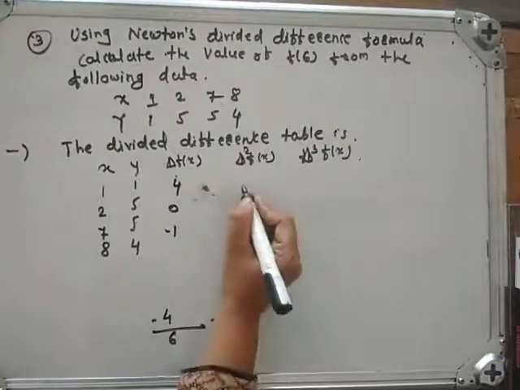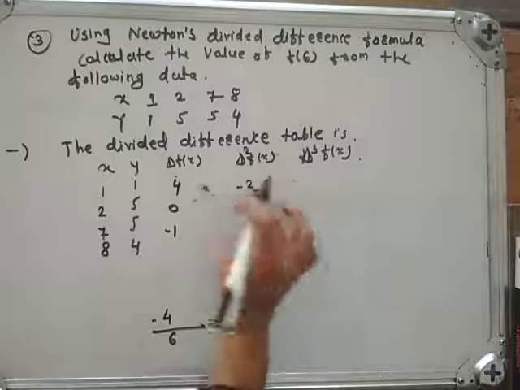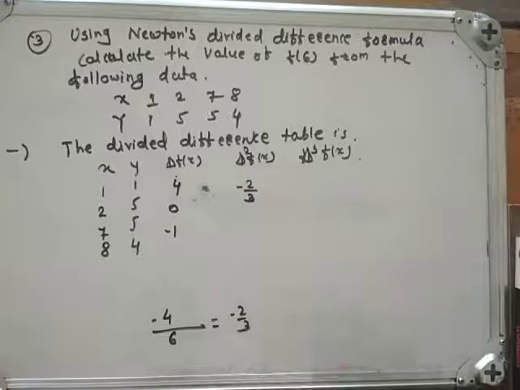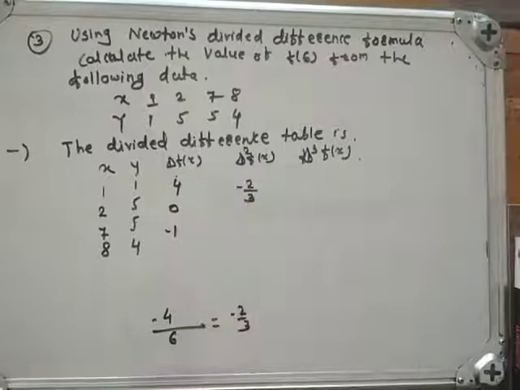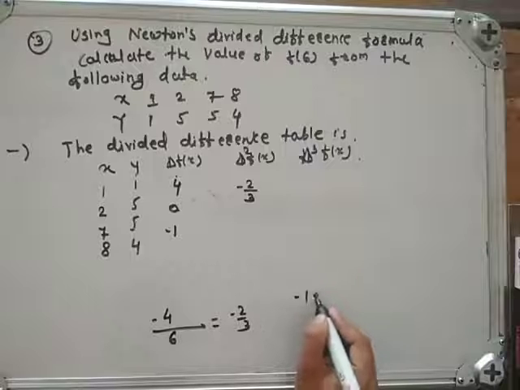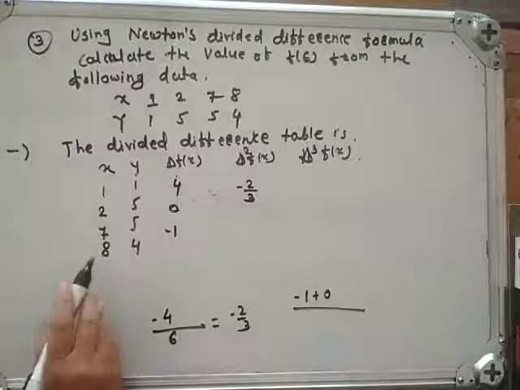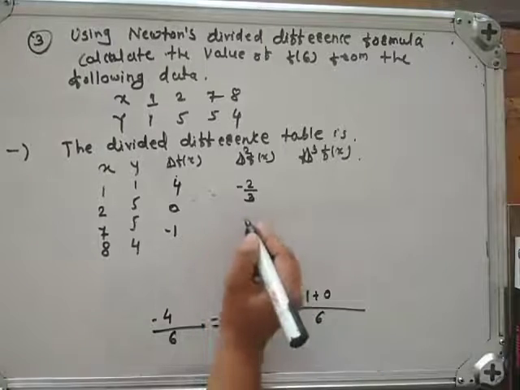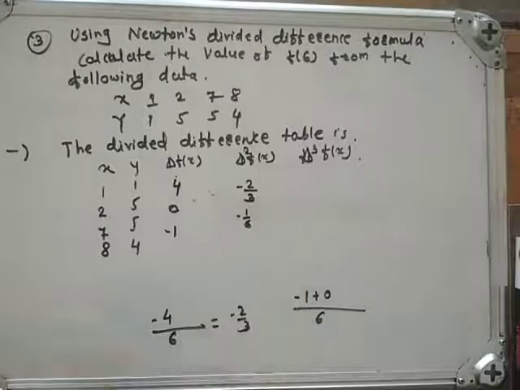Okay, this is minus 2 by 3. Write it down in between 4 and 0. Next one is minus 1 plus 0 upon 8 minus 2 is 6. This is minus 1 by 6.